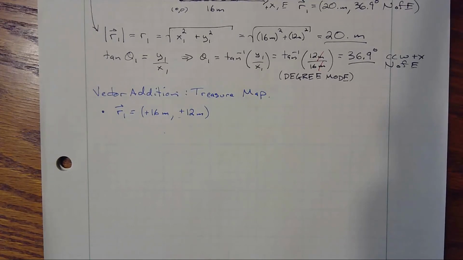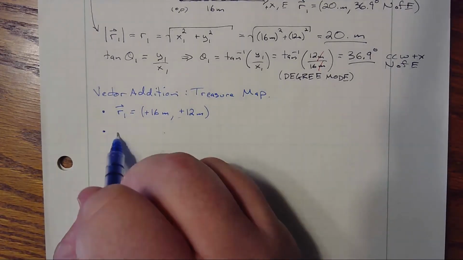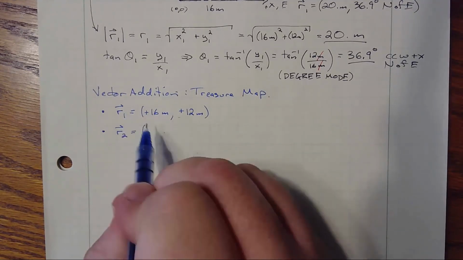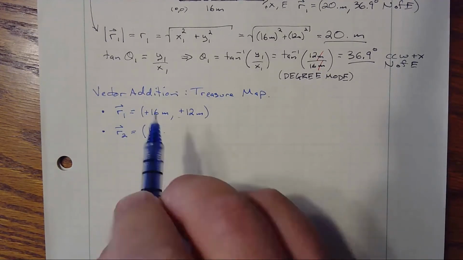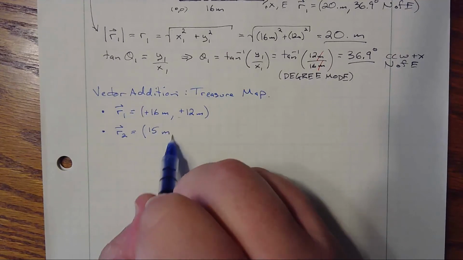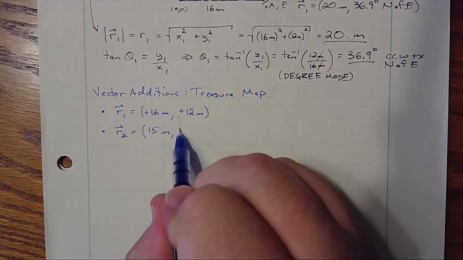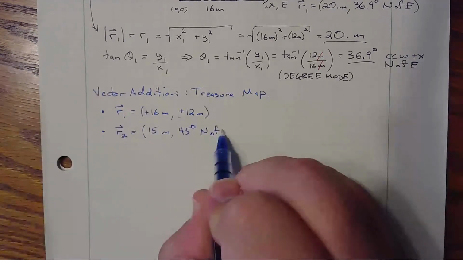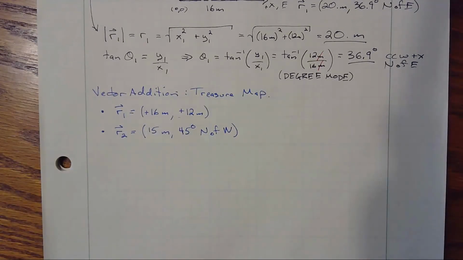And then my second displacement vector, R2, I'm going to write in terms of magnitude and direction, because these were very mathematically inclined pirates. So that's going to have a length of 15 meters, at 45 degrees north of west, meaning that relative to where we are at that point, we're going to walk 15 meters in a direction 45 degrees north of west.